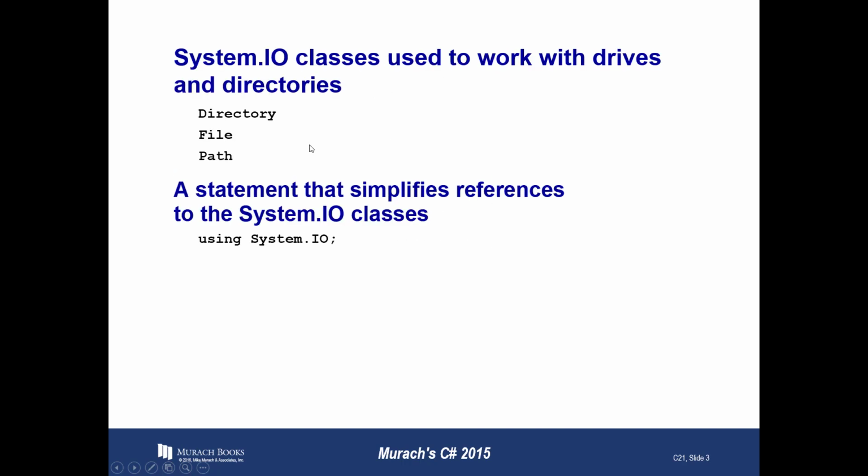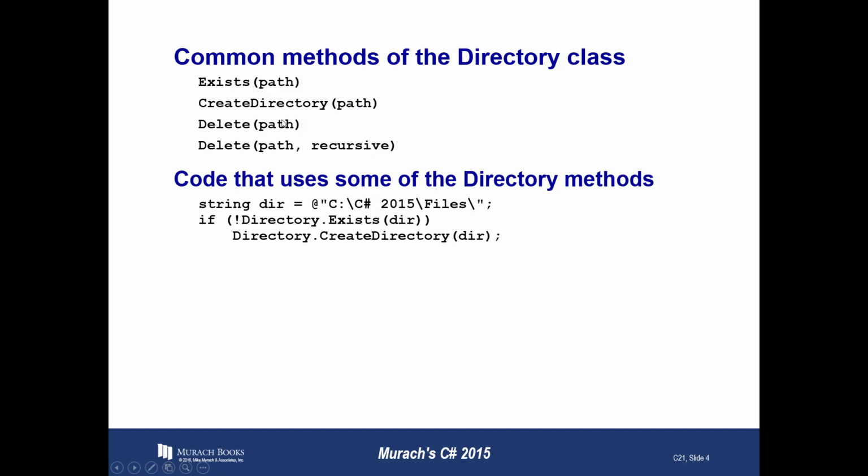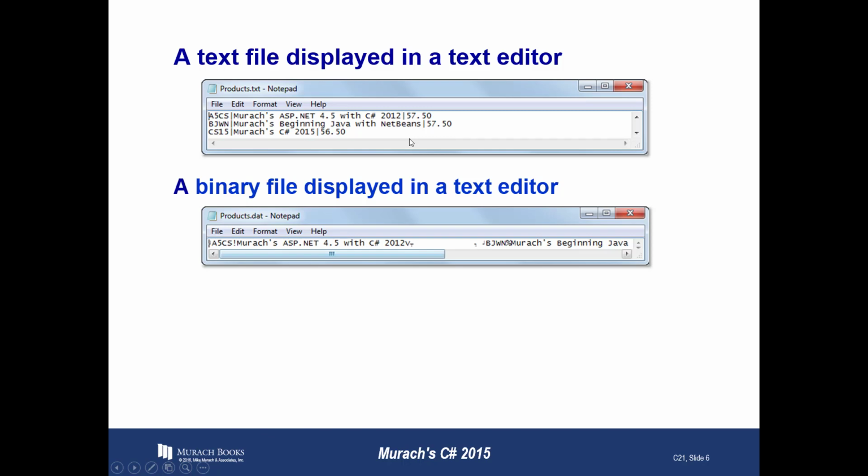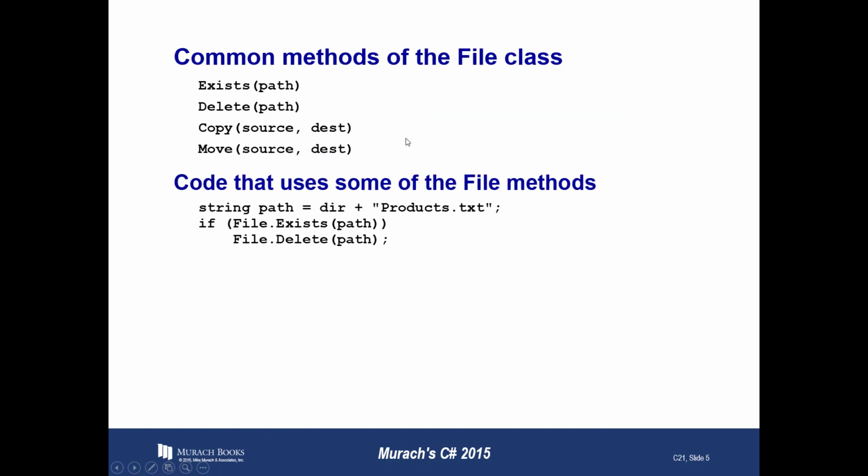This is working with entire directory structures, and this is working with files. Notice what it says here: you're trying to check to see if the directory has a file called products.txt. If it does exist, delete it.